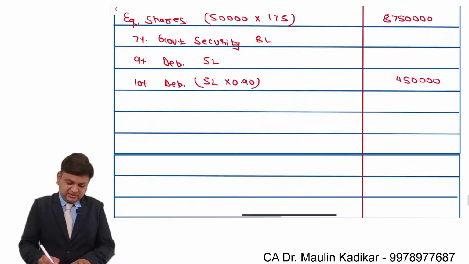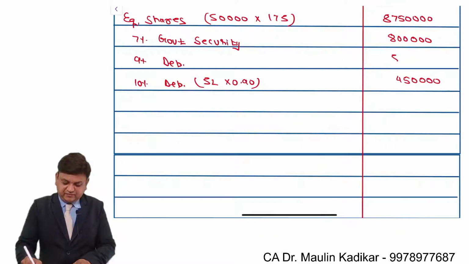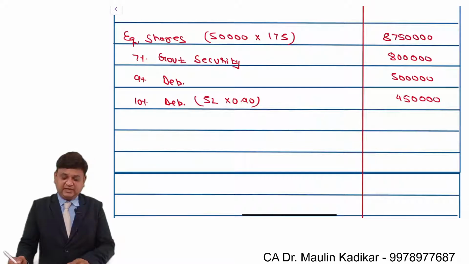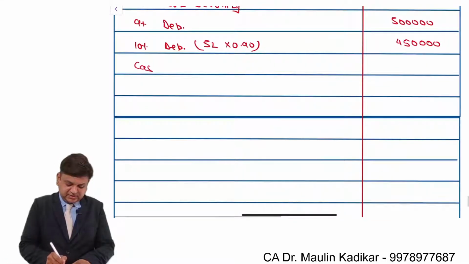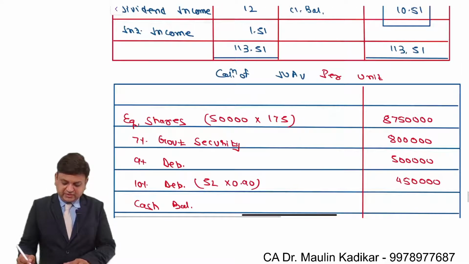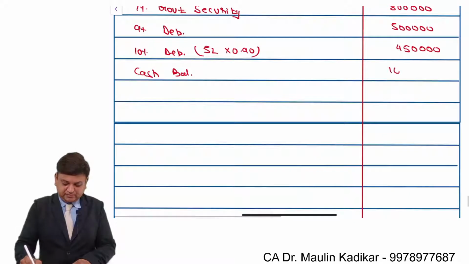7% government debentures, in that there is no revaluation. It is again 8 lakhs. 9% debentures, it is again 5 lakhs. These are the assets that we have. Apart from that, there is cash balance. The amount of the cash balance is 10,51,000.